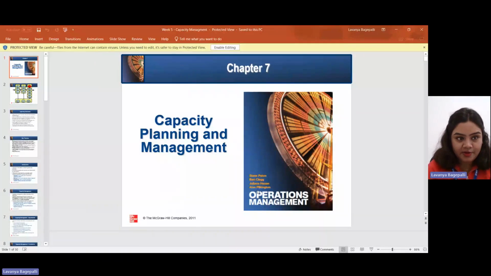So the week 5 content is all about capacity planning and management, as you can see here.